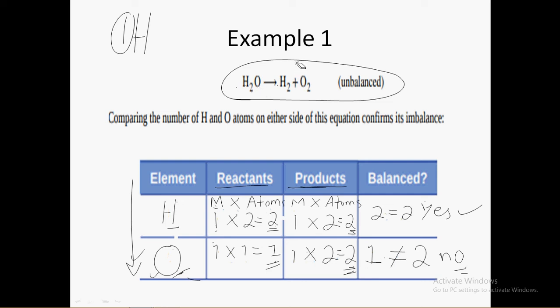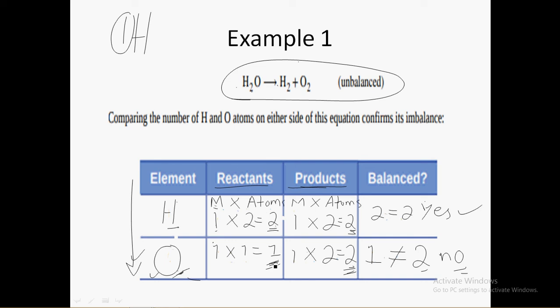Okay, follow me. For this oxygen, the number of reactants is 1, and the number of products is 2. Which is smaller? The number of reactants is smaller.